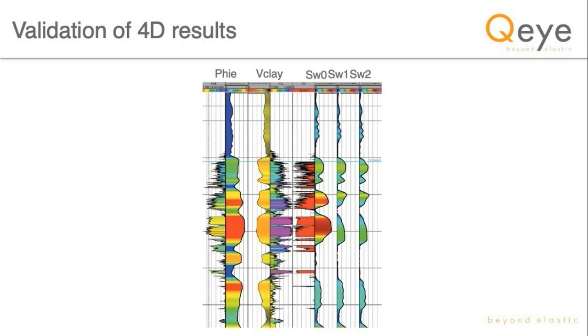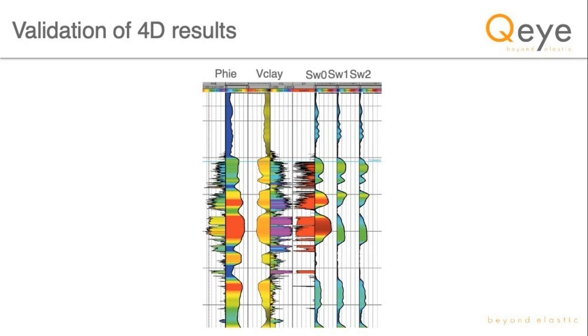The inversion correlates well with the V-clay from the well log, but of course with less resolution. And then we come to the one that's really interesting, and that is the saturation log from the baseline. And again, here you see very high oscillations in the saturation log, but overall matching well with what we found in the inversion result.